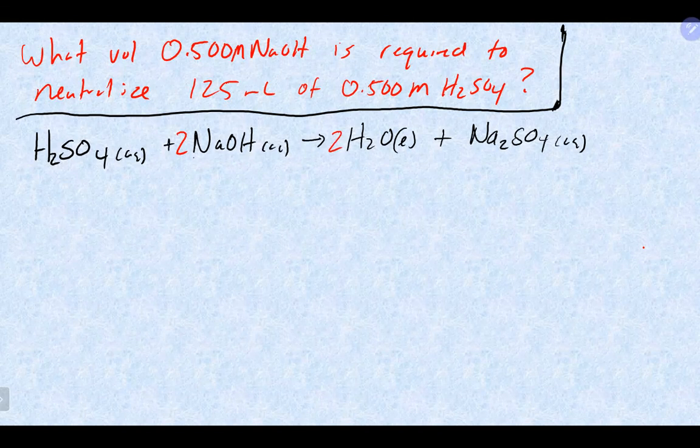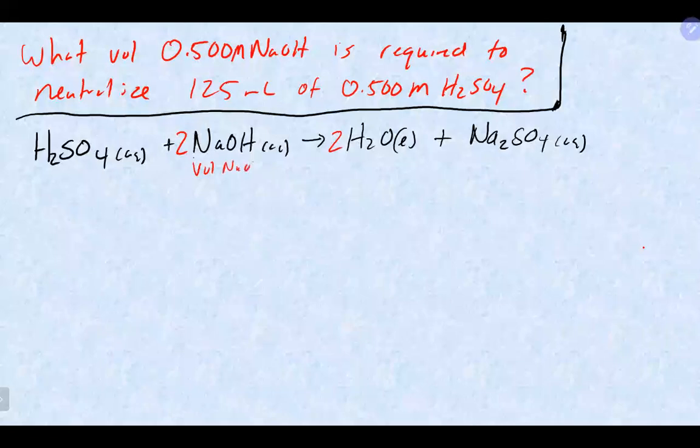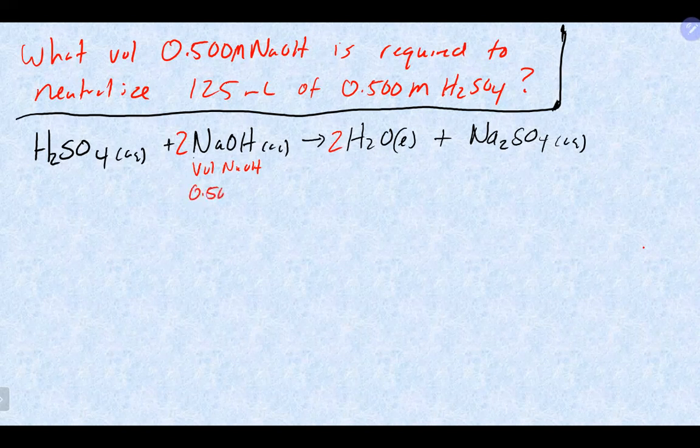At this point, once again, we're actually looking for the volume of sodium hydroxide. We do have the molarity given to us of 0.5 moles per liter. For our sulfuric acid, we have our volume, and we also have our molarity of 0.5 moles per liter.